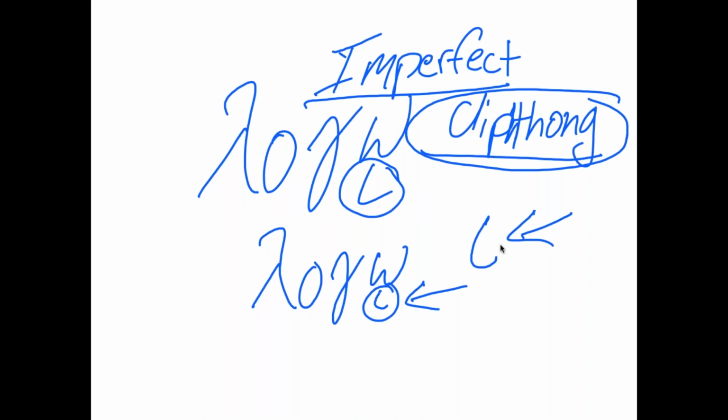Anyone? Can everyone hear that? Yeah, we can hear you good. We just have no answer. Well, somebody here said it, but I don't think you could hear it. So a diphthong is two vowels that come together to make a unique sound, different than what either one of them make on their own.